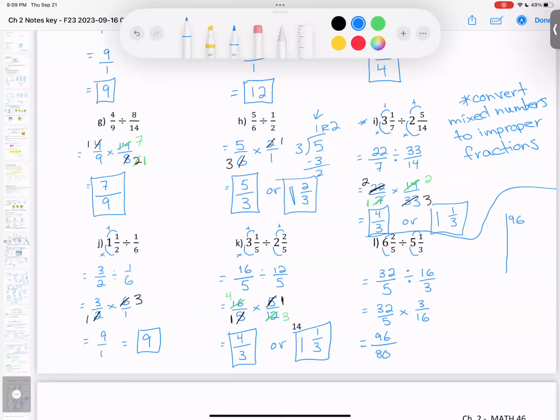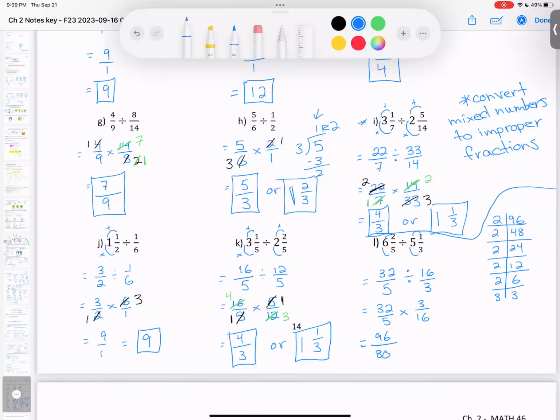Okay, and so I can divide that by 2. That'll give me 48, which I could divide by 2 to get 24. I could divide by another 2 to get 12. I could divide by another 2 to get 6. And another 2 to get 3. Oh, finally, we're there. We've got prime.